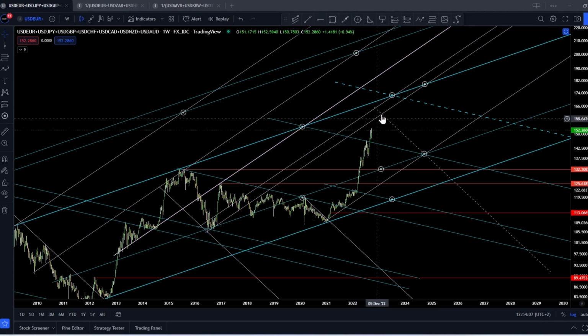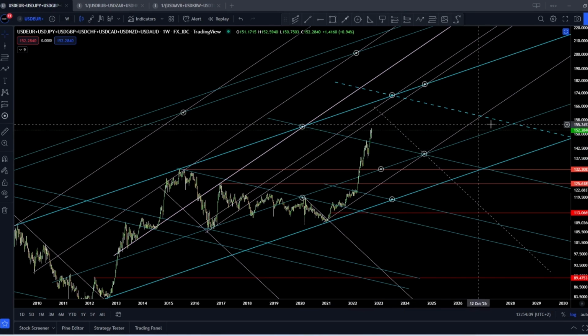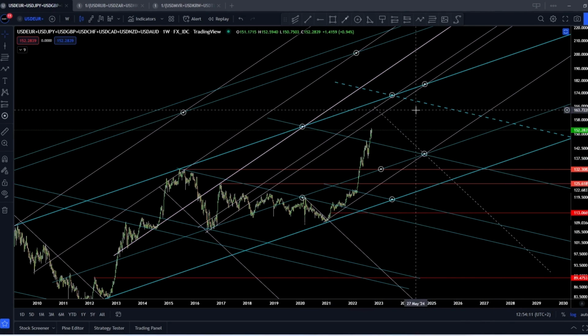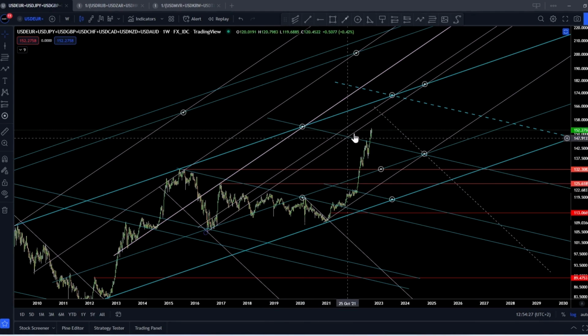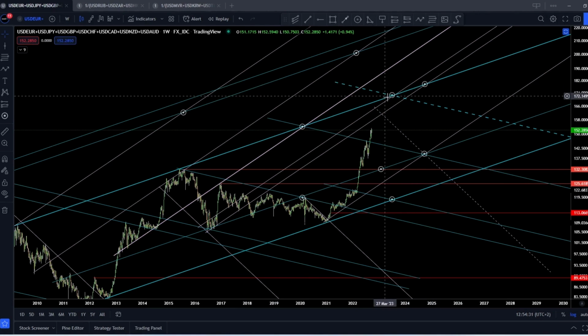And I would say within this huge area, I would take only longs. But you may want to shrink that area to something smaller, and that is why we go into smaller time frames.